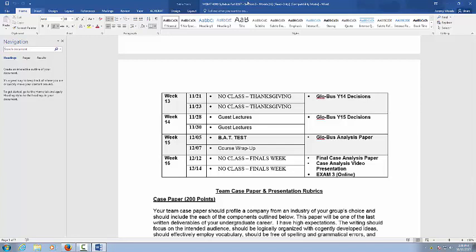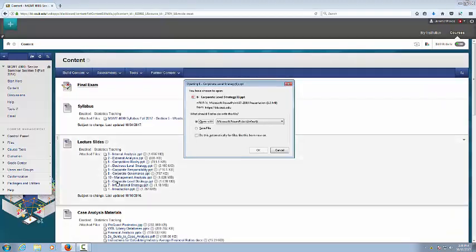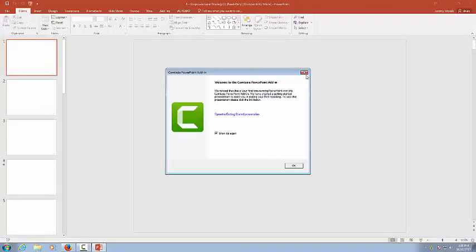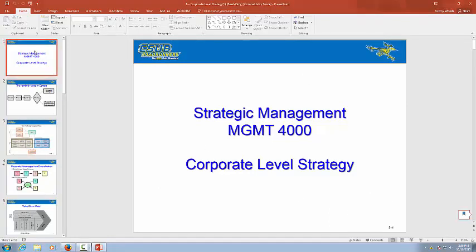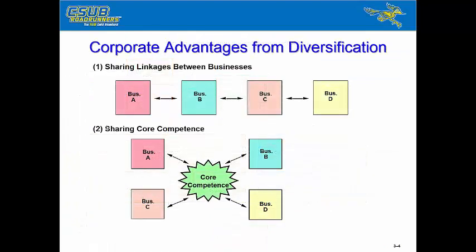Okay, so today's lecture is on corporate strategy. So the idea here is at a big picture level, not looking at just one particular line of business, but looking at multiple lines of business.